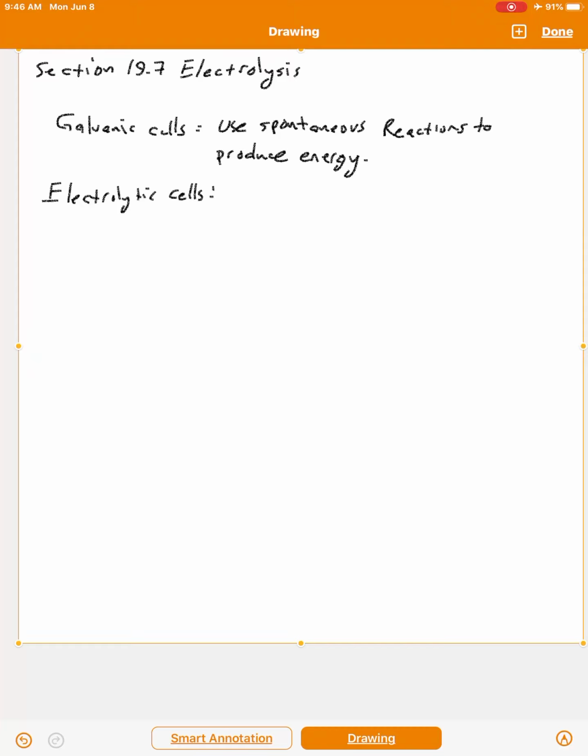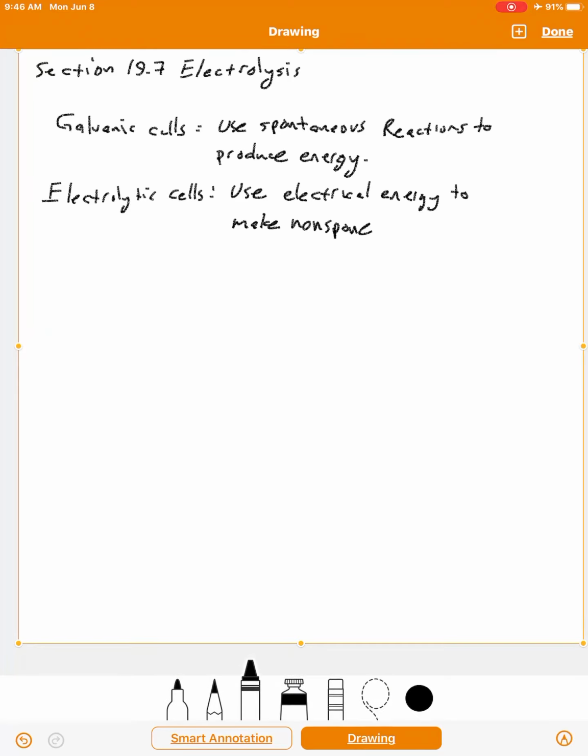Electrolytic cells use electrical energy to make non-spontaneous reactions occur.